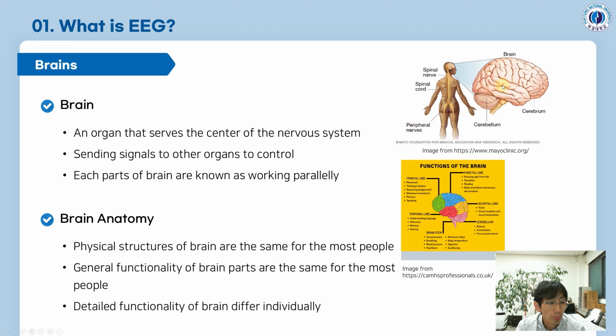Okay, and our brain can be divided into several parts. Each part has a name: frontal lobe, temporal lobe, brainstem, occipital lobe, and cerebellum.